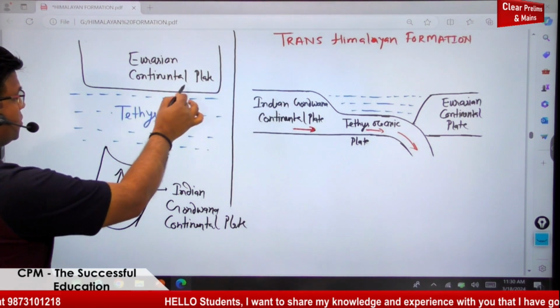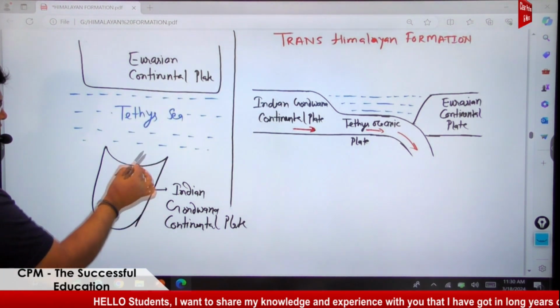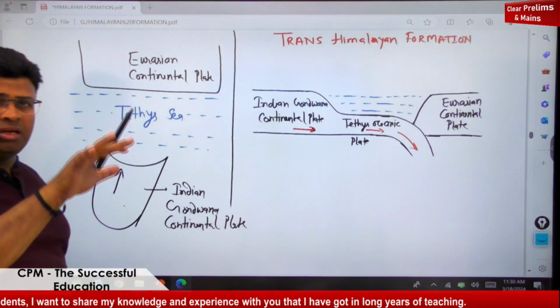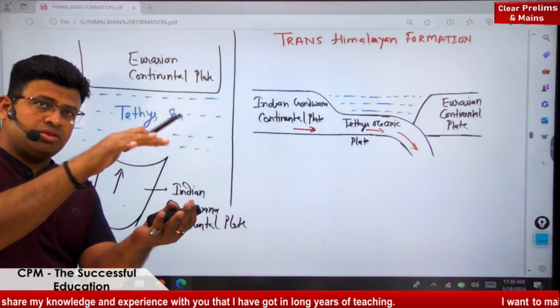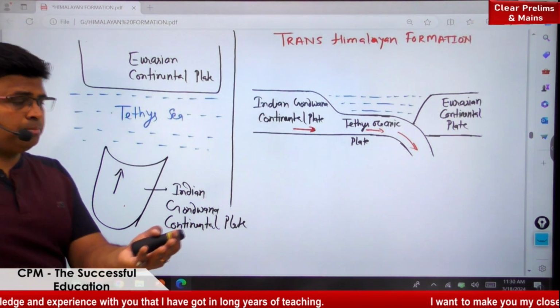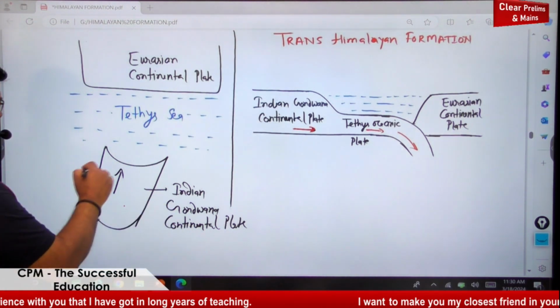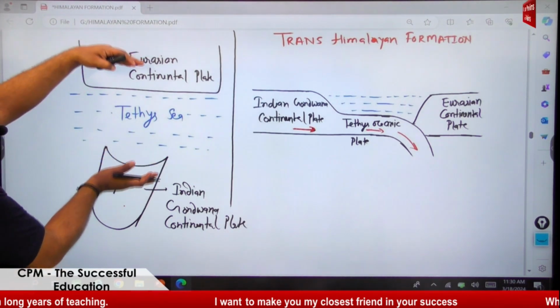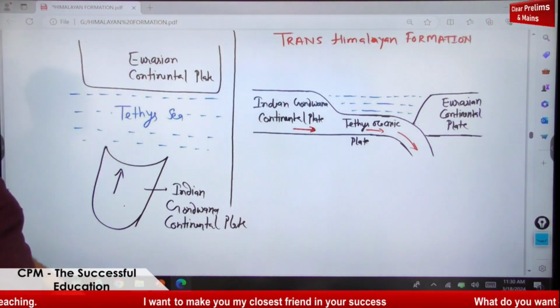Between them there is the Tethys Sea, and below the Tethys Sea water there is a Tethys oceanic plate. What happened? It is moving northward and trying to converge with the Eurasian continental plate.